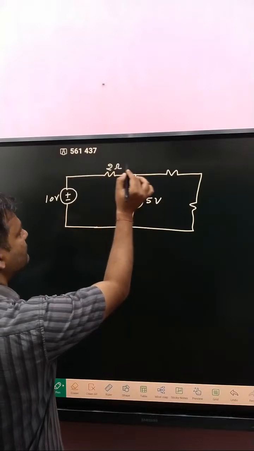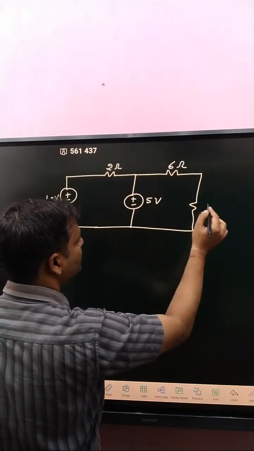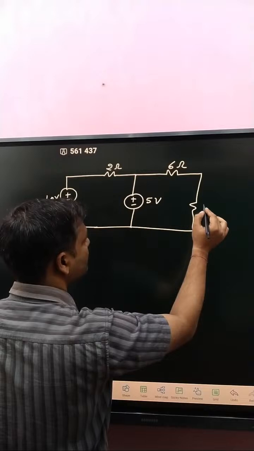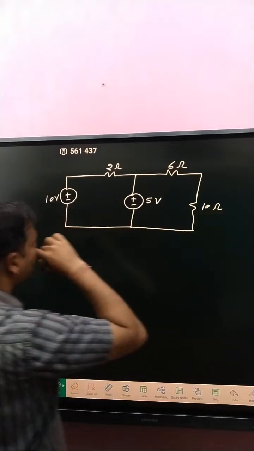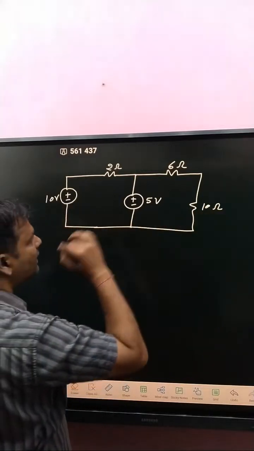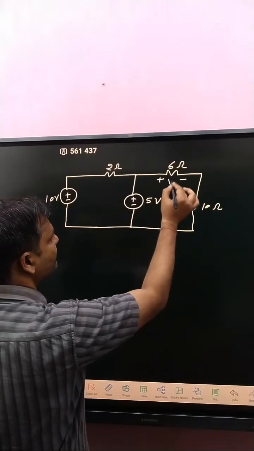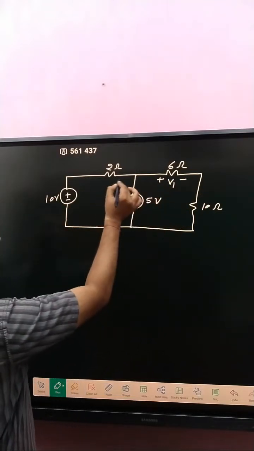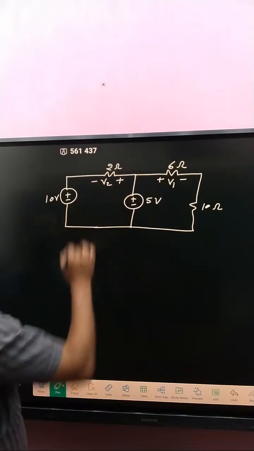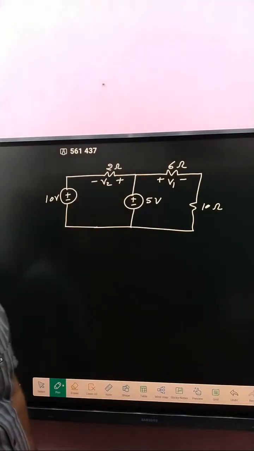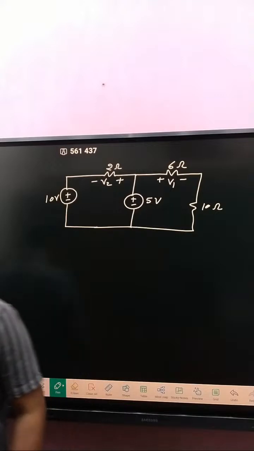Here 2 ohm, here 6 ohm, here 10 ohm. Our motto: determine voltage drop V1 and here V2.